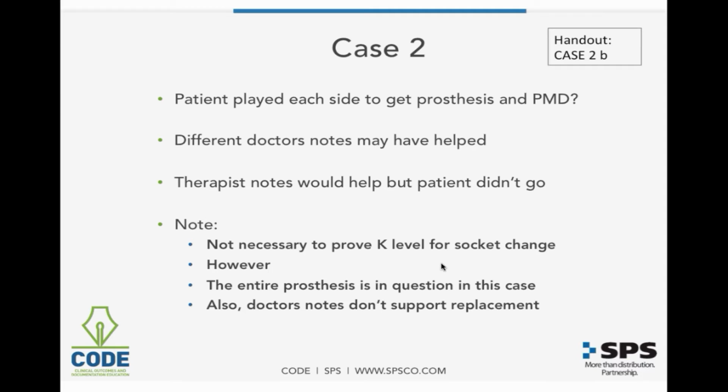So in this particular case, they're going to do an appeal where they describe that now that we have the information we need from the doctor and we see the different sides of the story, we're going to reevaluate the patient, see what the needs are, discuss with the doctor what those needs are, and see about possibly, and this is really confusing, pulling back that billing, going through with a lesser billing, in this case maybe a K2 billing, and getting the doctor, the prosthetist, and the patient on the same page, because it appeared that the patient didn't end up getting the power mobility device, and it was unclear why she didn't.